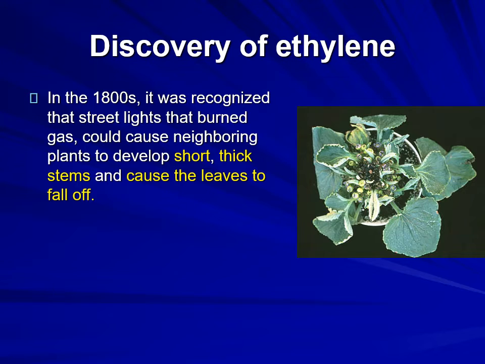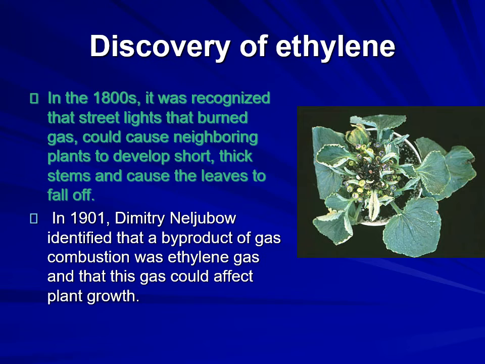They had short, thick stems. The leaves would fall off. They didn't look healthy. And eventually someone discovered that this was because of a gas that was a byproduct from burning the combustion gases in the lanterns. So one of the byproducts from burning that gas was ethylene gas, and it was a powerful growth hormone.